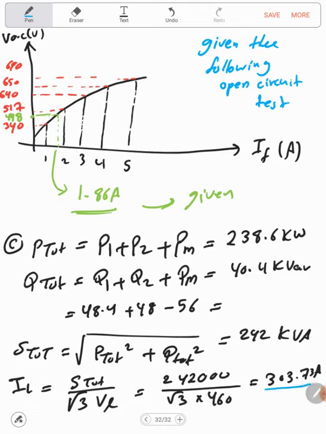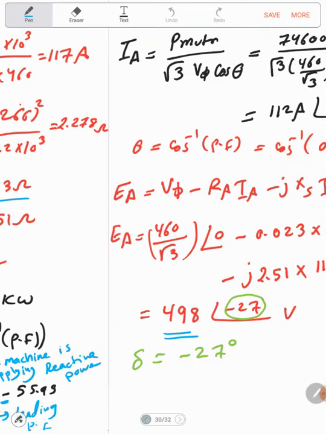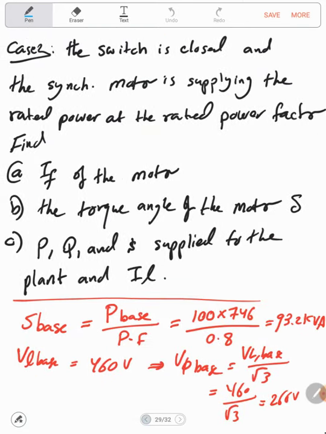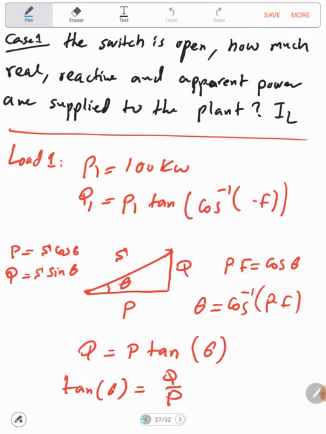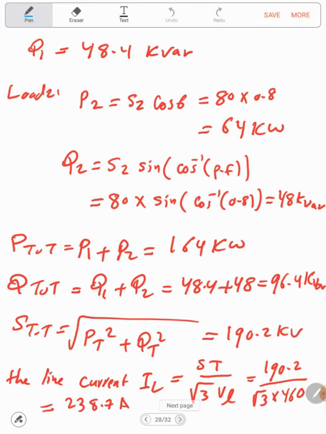Now let's compare the magnitude in the second case with the magnitude of the first case when the switch was open. This one.